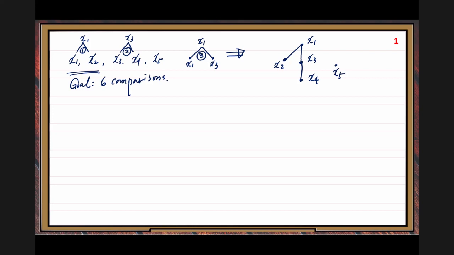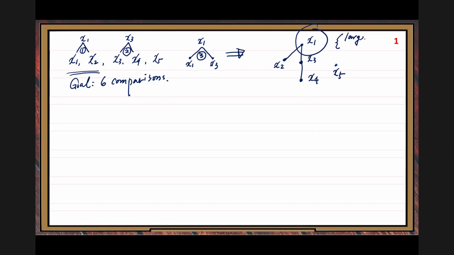I asked you which element can be eliminated from consideration for a median. Remember that question? Our answer is x1. Because the only element that x1 can be smaller than is x5. So x1 can only be the largest or second largest, right? That's the only possibility.